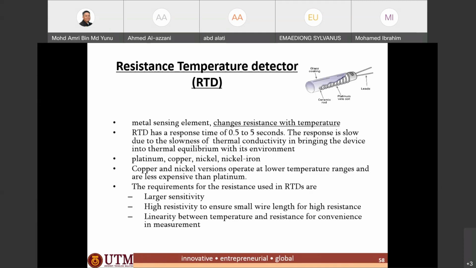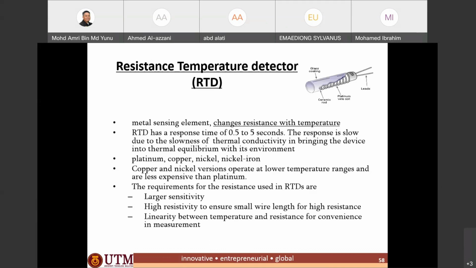The requirements for the resistance wire used in RTDs are larger sensitivity and high resistivity. First is the larger sensitivity, where we want a good output response change for a given input response change.